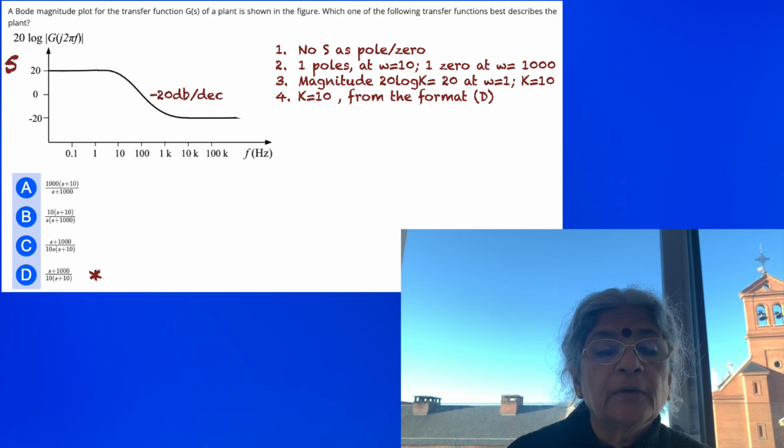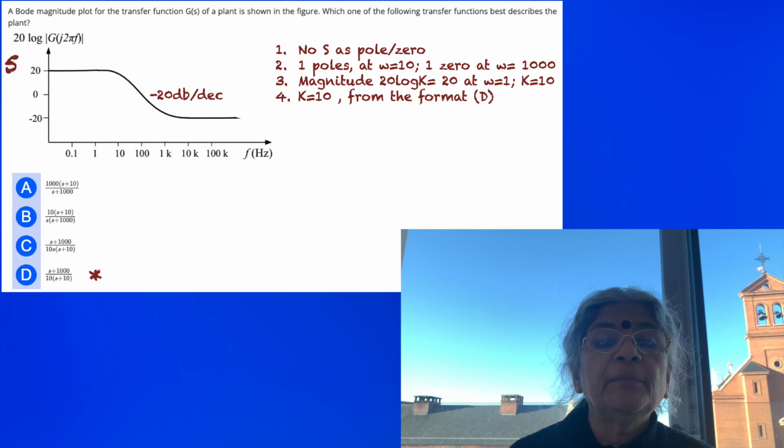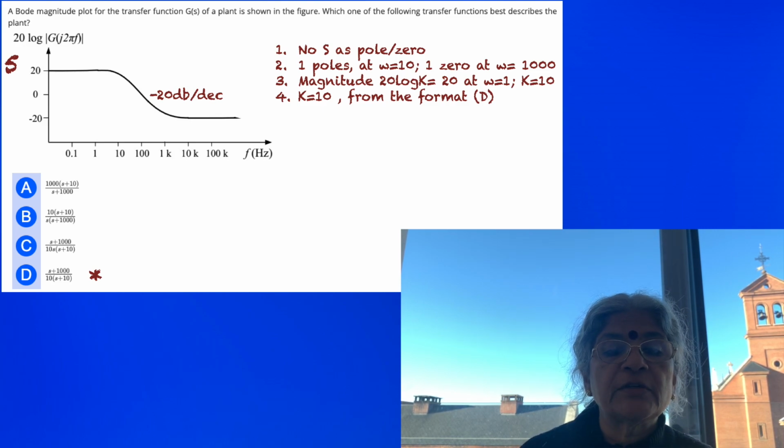So definitely the magnitude has come to 0 at omega equal to 100. So the curve can be called 20 dB per decade, and of course it is descending, so minus 20 dB per decade. So that's the first thing that we notice.